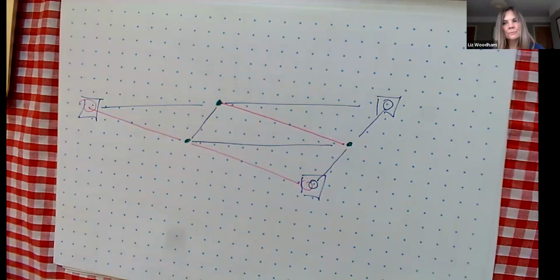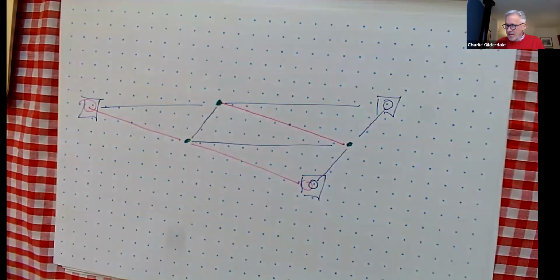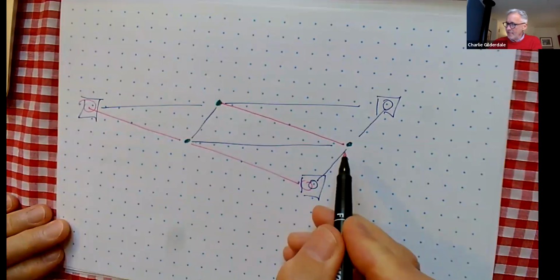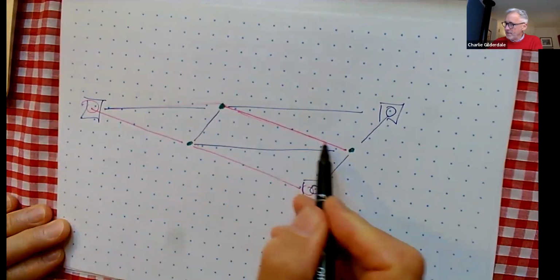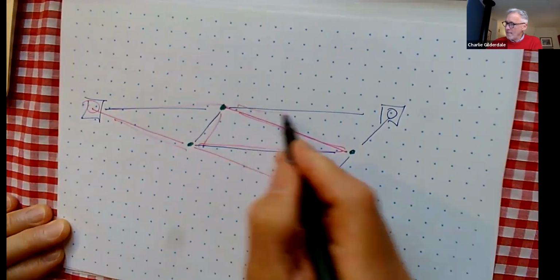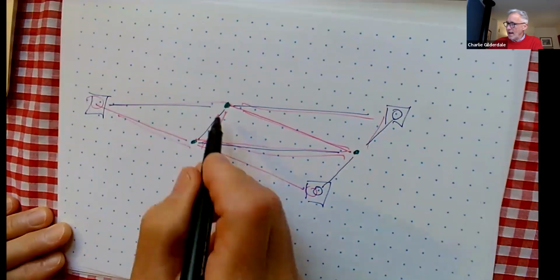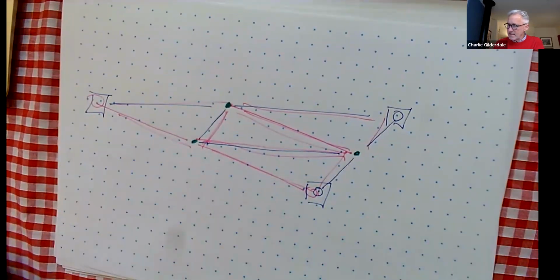Here, irrespective of where I put my first three dots, my opponent is not going to be able to stop me, because I've got so many other possible parallelograms. I can have this parallelogram here, or that parallelogram there, or a third parallelogram. So there are three possible parallelograms that I can have, and that's why the computer can't stop me.